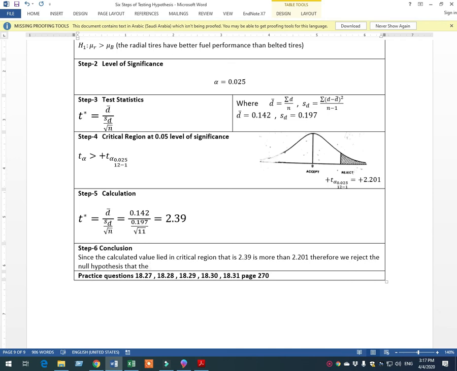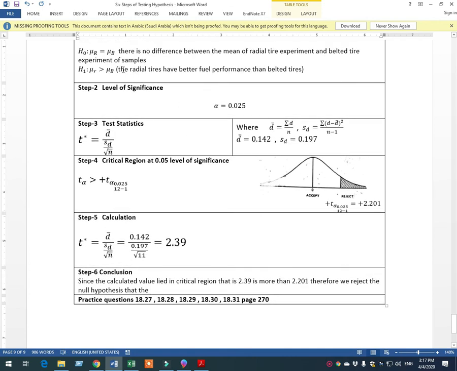When we reject the null hypothesis, obviously we are accepting the alternate hypothesis, so we are accepting that the radial tires have better performance than the belted tires.